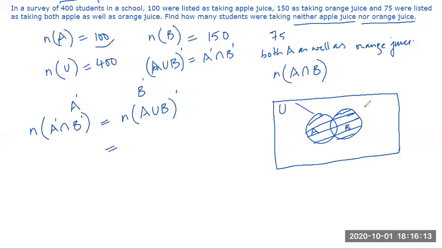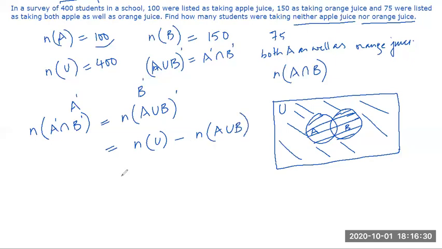It is the other set, this set. Am I right? So from the universal set, we are subtracting the number of elements of A union B.